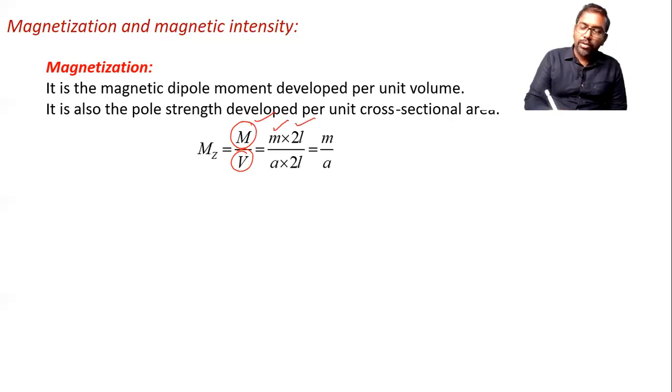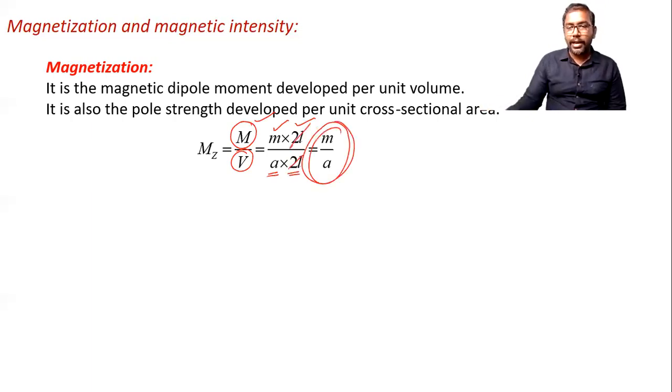The volume of a bar magnet we can write as cross-sectional area, small a, times length 2l. So this 2l gets cancelled, and we get the formula m by A. Here small m is the pole strength and A is the cross-sectional area. So the division of these two is also magnetization.